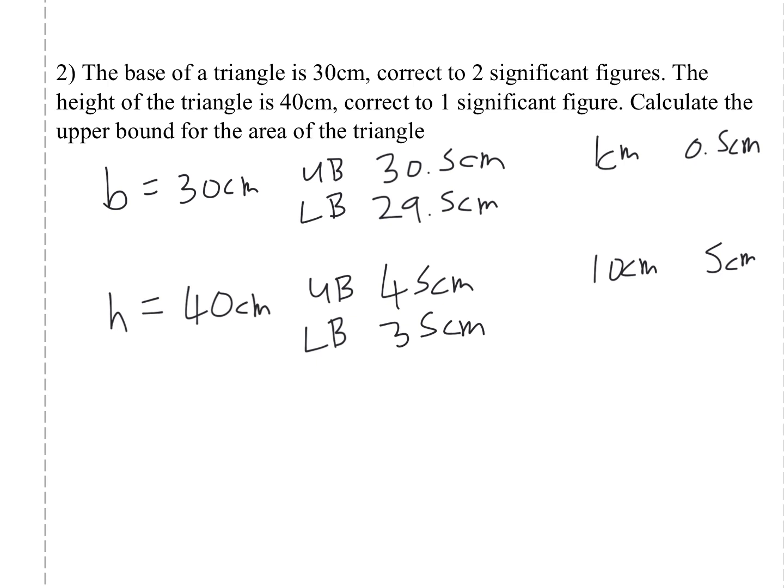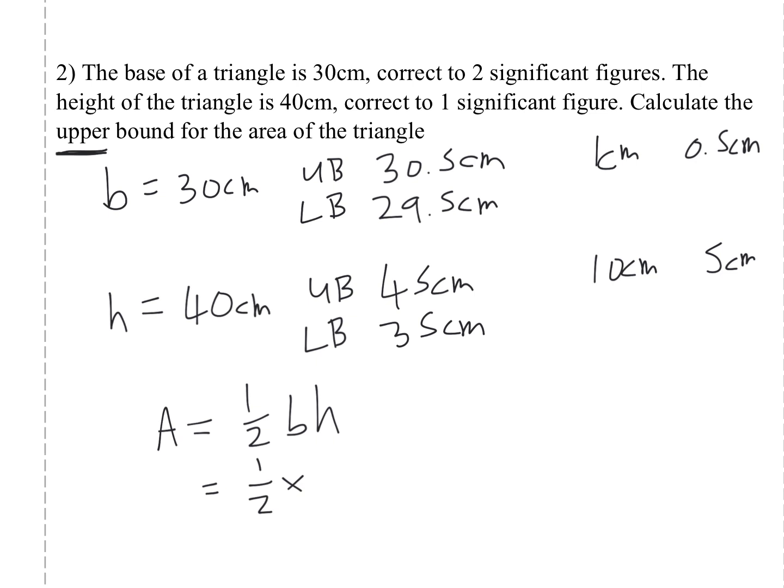So what are we asked to do then? We've got these 2 marks in the bag. We then have to calculate the upper bound for the area of the triangle. So the formula for the area of a triangle is half times the base times the height. We want to find the upper bound, which would be making the area as large as possible. If we want to have a large area, we would use the larger measurements. They'll make the lengths bigger and hence the area bigger.